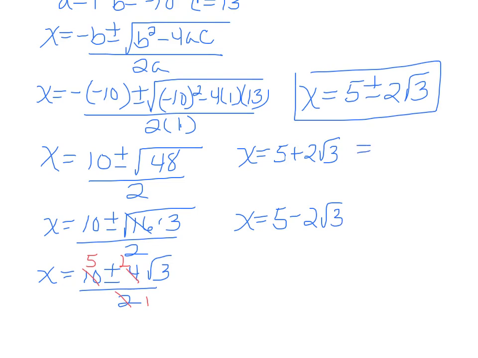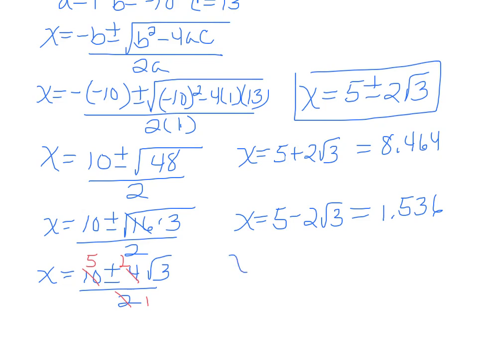Okay, let's do this one in the calculator. 5 plus 2 radical 3, enter. Now I need to round my answer to the nearest thousandth, so it's going to be 8.464. And let's do the other guy. 5 minus 2 radical 3 in the calculator, enter, and I end up with 1.536 because I need it to the nearest thousandth.